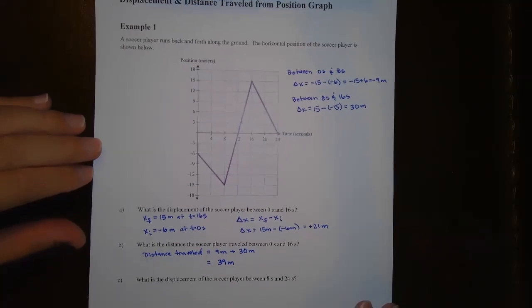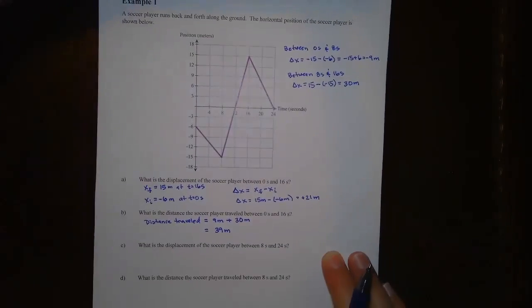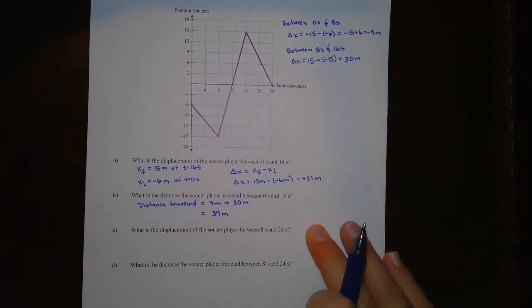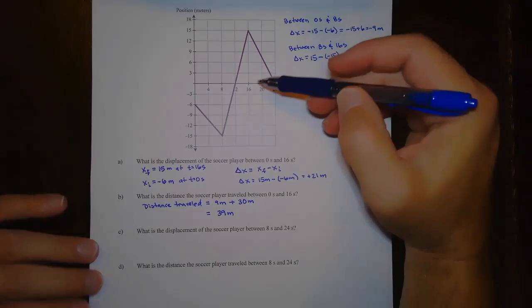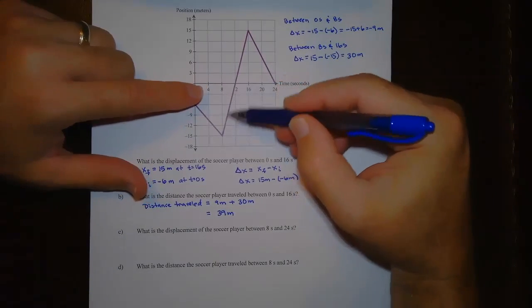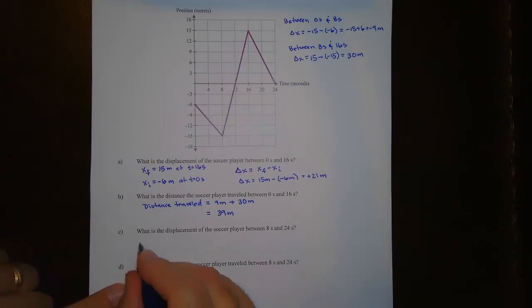All right, I'm going to slide this up a little bit. We're just going to do a different one, okay? How about between 8 and 24? Okay, between 8 and 24. So at the start of this, that would be my initial, and this would be my final. So x sub i, I'll do it right this time, okay?